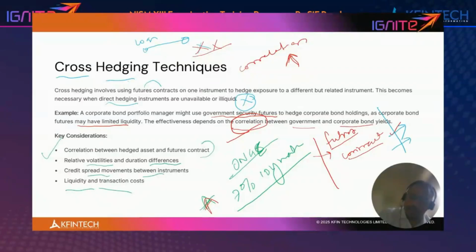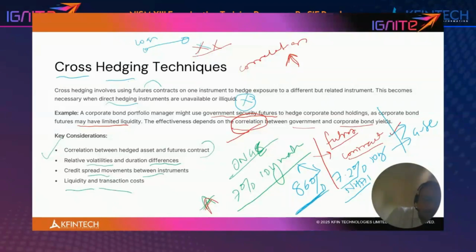I move to the government security bond market and I find that a 7.2% 10-year maturity national highway bond is available, which is trading in futures. And now I determine that the correlation between them is 86%, for example. Let's say for simplicity. So that is high. We know that the correlation needs to be high for a cross hedge to work.